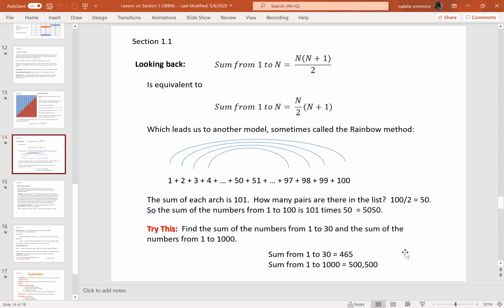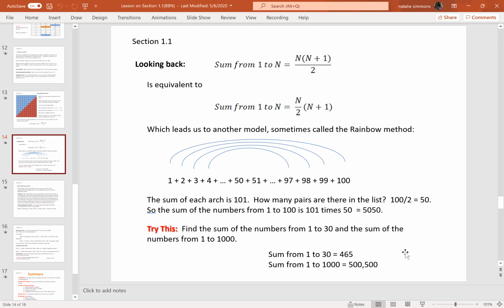You're actually going to have a problem like this on your test. So it's important that you understand how to do this. They're showing you a couple of different models to get to this idea of how to find the sum of numbers from 1 to n, right? And it's important, and your tests are like take-home tests, right?